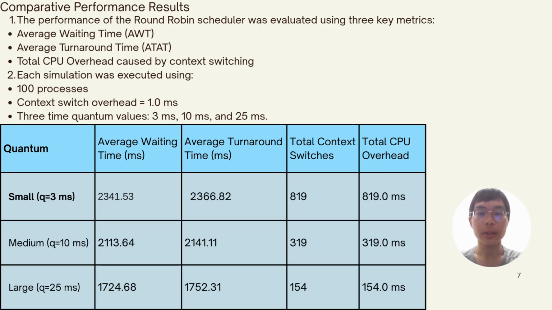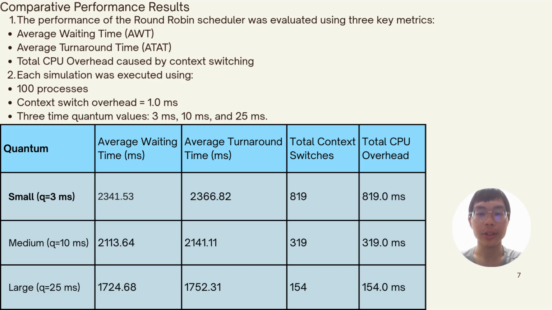Moving on to the performance analysis, in this slide, we summarize the comparative performance results of the round-robin scheduler. The evaluation is based on three key metrics: average waiting time, average turnaround time, and the total CPU overhead caused by context switching.